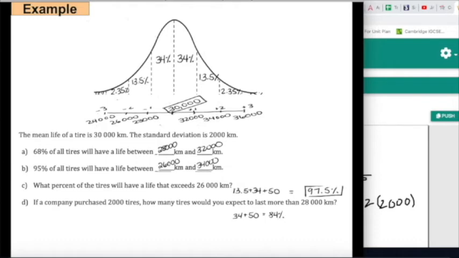This is an example of the 68, 95, and 99.7 rule. So we have 84%, 0.84, multiplied by 2,000. That is equal to 1,680 tires that the company can expect to last more than 28,000 kilometers.